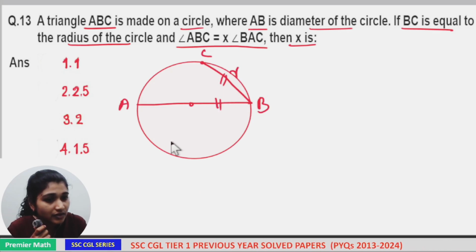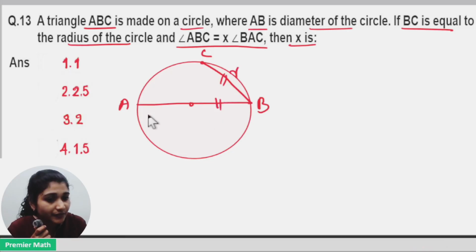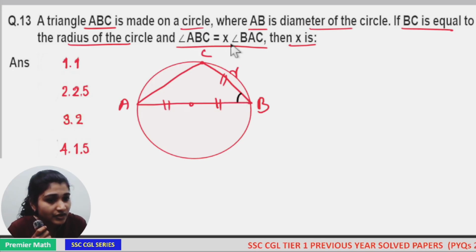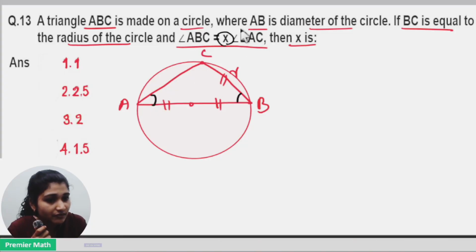Now, if this is the radius, then the diameter is 2r. Now join AC. This is angle ABC, which is equal to x times angle BAC. This is angle BAC. So if BAC is theta degrees, then angle ABC is x theta.